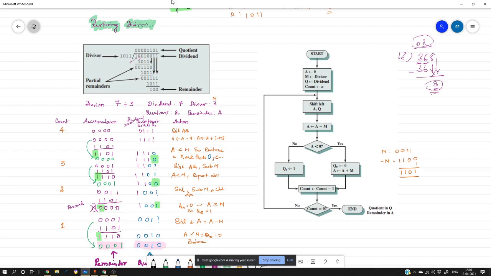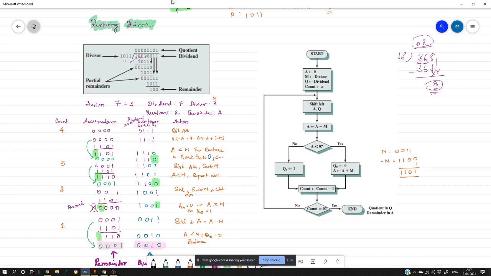It is still lesser, so you mark 0 and move on to the next bit. Taking the next bit, you get 100. Again this is smaller, so the quotient is marked 0. Taking the next 1, again it is 1001. 1001 is 9, whereas the divisor here is 11. So the value is still smaller.